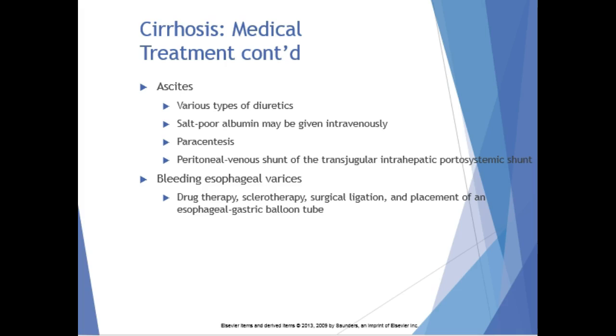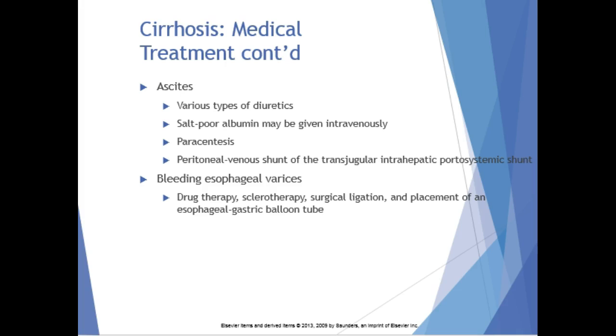Ascites, as far as medical treatment for ascites, they may be started on diuretics. They may be given albumin intravenously because the liver can't manufacture it on its own. There may be a paracentesis done, or the patient may have a peritoneal venous shunt placed so that it can circulate the ascites fluid from the abdomen back into circulation so it can be excreted via the kidneys.